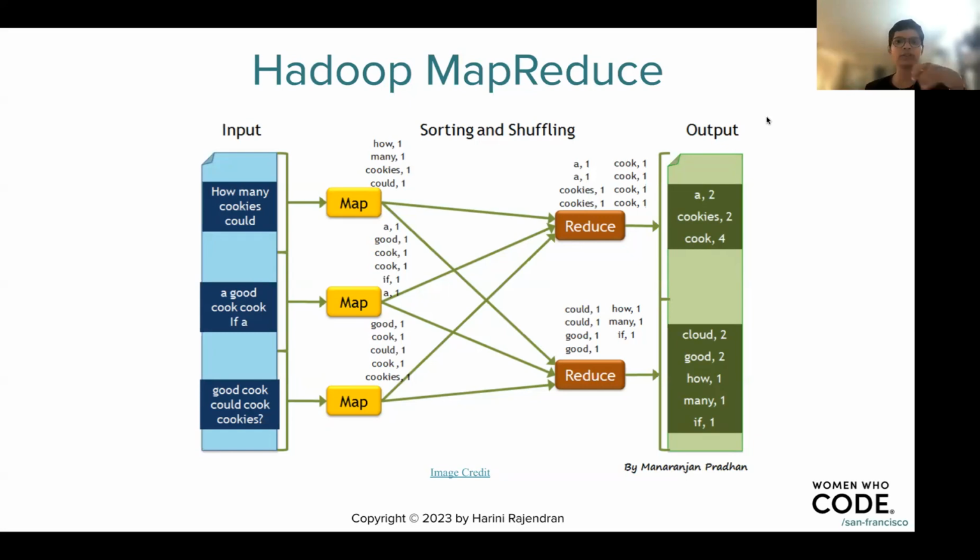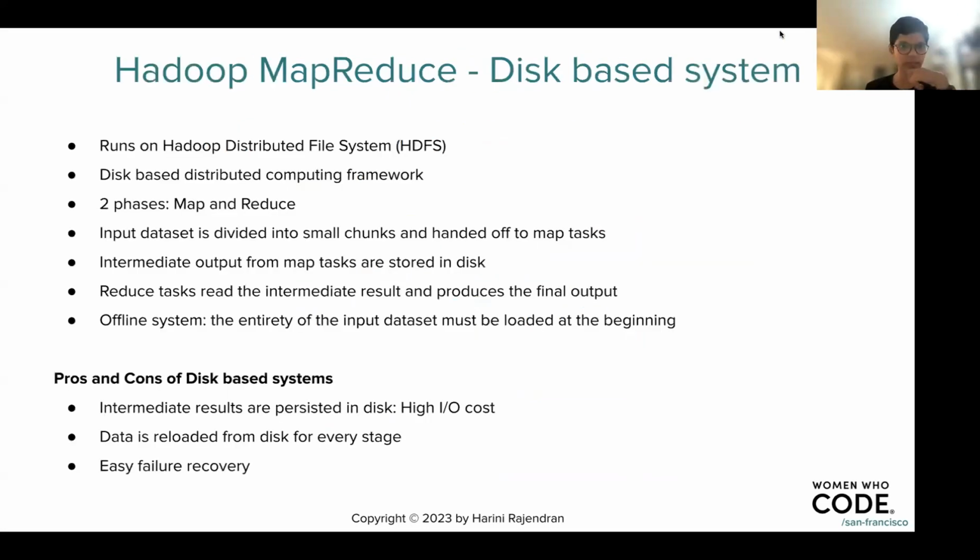So Hadoop MapReduce is basically a disk-based system. It runs on something called the Hadoop Distributed File System, which is again a distributed file system. To an end user, it would appear as if the whole file system is sitting on one machine, but at the back end, data is spread across multiple nodes.